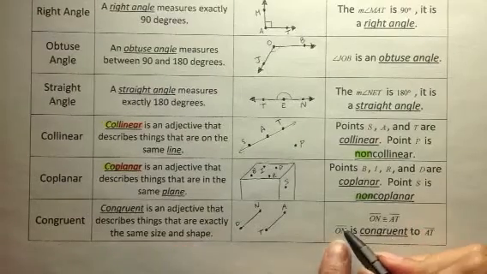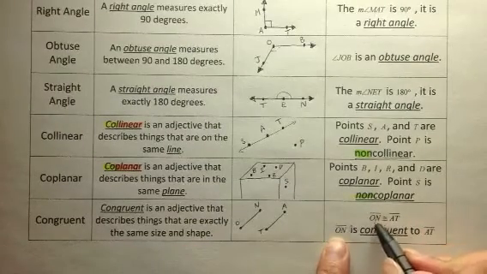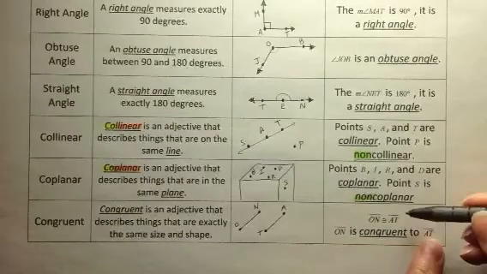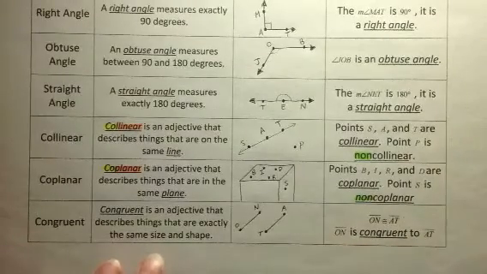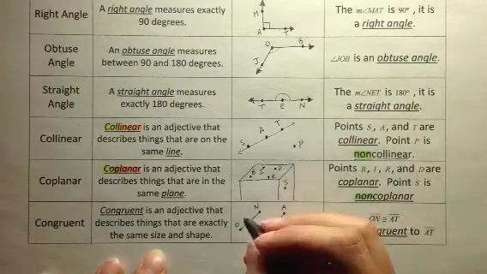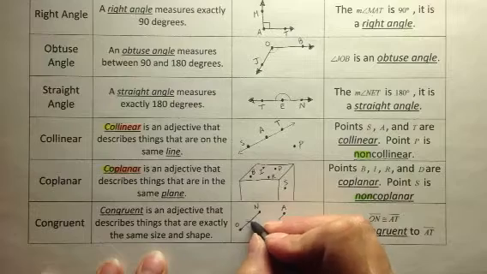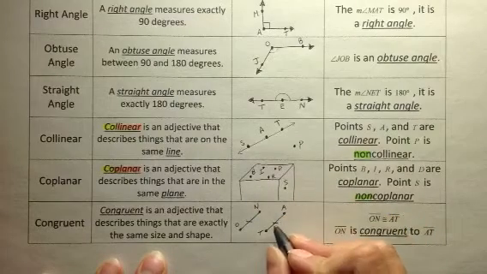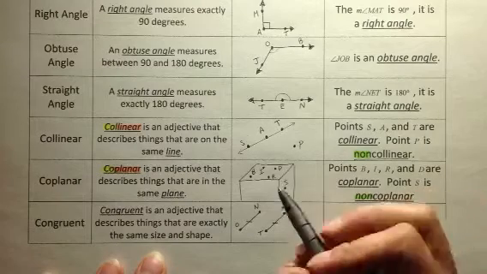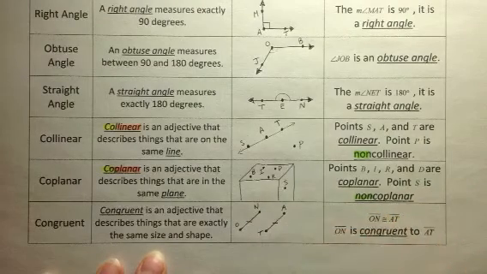And this is read as, remember, this symbol with no arrows is segment ON is congruent to segment AT. That's how you would say that. How you would depict that in a picture. So if you ever see on two segments or two sides of a shape lines like that on it, it means that they have the same length. Okay, so one little mark means that those two would have the same length.